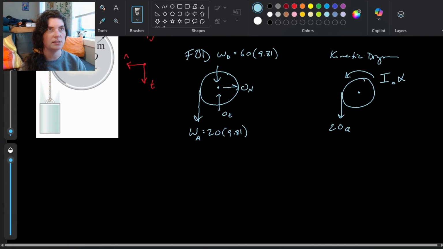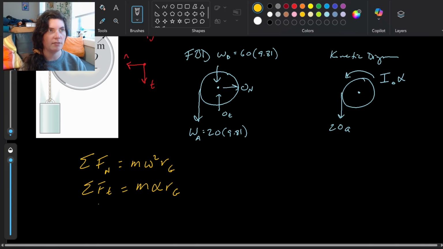So let's take these and set up our equations of motion. Our sum of Fn equals m omega squared rg. Our sum of forces in the tangential direction is m alpha rg.